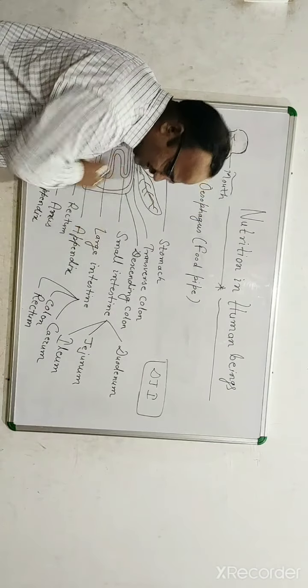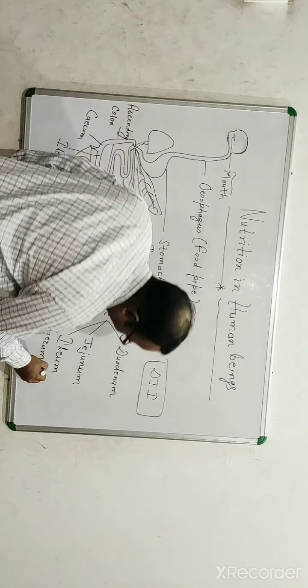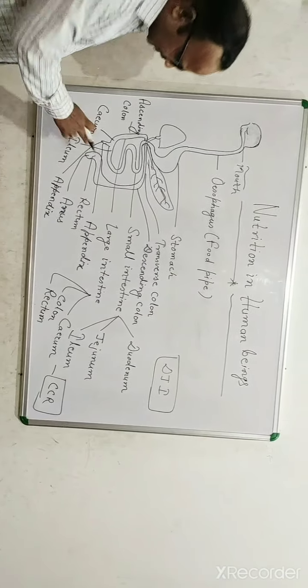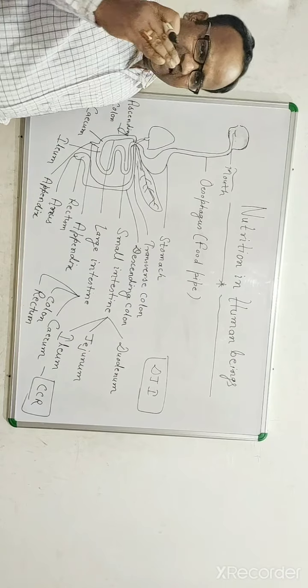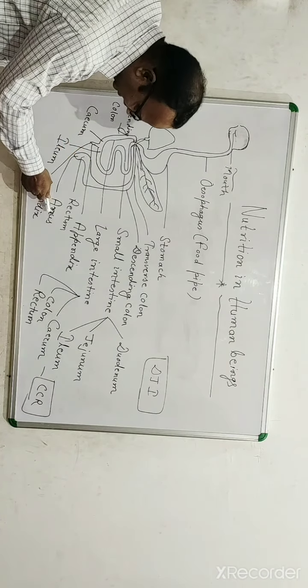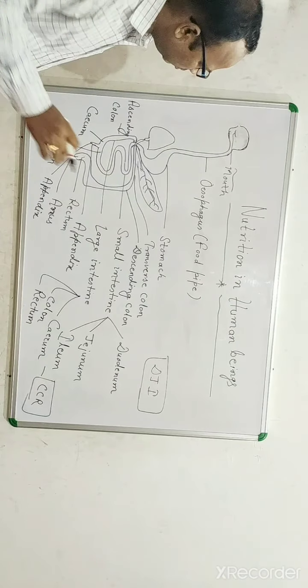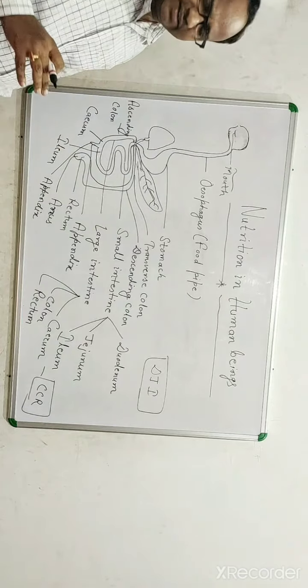The parts of the large intestine are cecum, colon, and rectum. After the rectum, waste is eliminated through the anus. So this is a brief description of the alimentary canal.